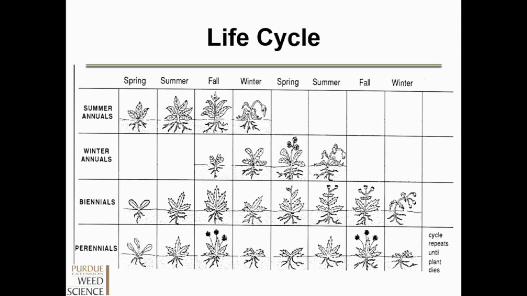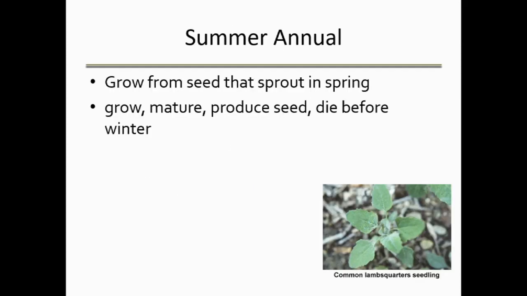So we have that vegetative growth throughout the year. It matures in the fall, starts again in the spring. A number of plants in the landscape have this type of life cycle, and a few of our important weeds have this type of life cycle, which gives us a different set of challenges for managing these weeds versus our annual plants.